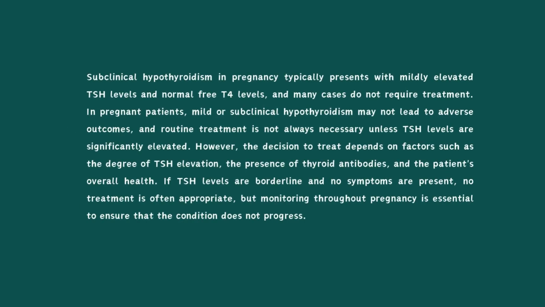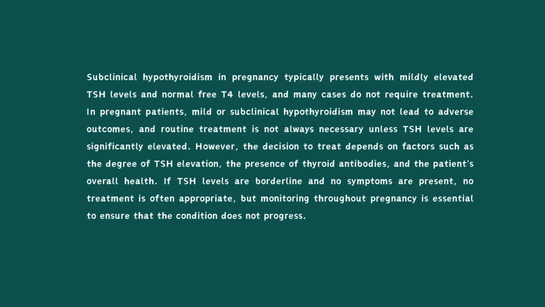Subclinical hypothyroidism in pregnancy typically presents with mildly elevated TSH levels and normal free T4 levels, and many cases do not require treatment. In pregnant patients, mild or subclinical hypothyroidism may not lead to adverse outcomes, and routine treatment is not always necessary unless TSH levels are significantly elevated.